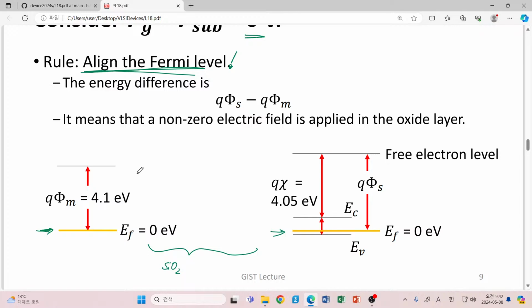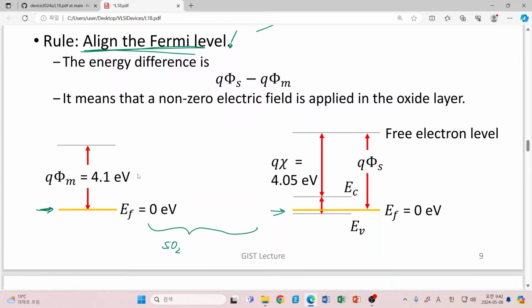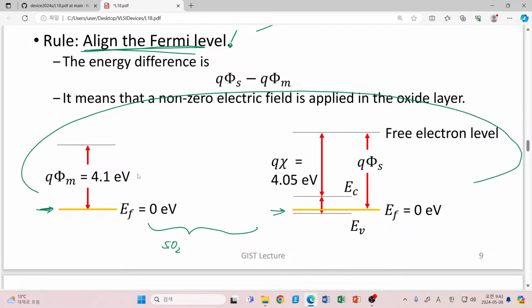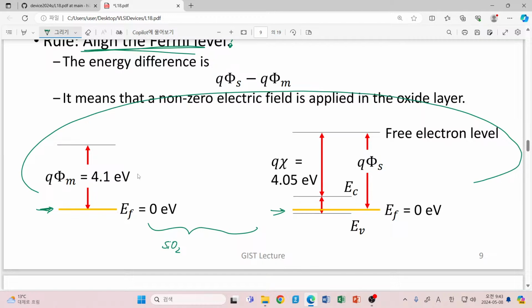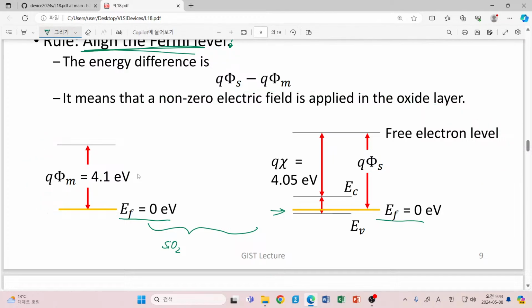But it is the same, because their potential or Fermi levels are shared by this ground level, not only through this intermediate oxide layer, but here we have another circuit connecting this gate and substrate, so their Fermi level is shared. So we must have the same Fermi level here and there, and these values are referred to as 0 electron volt. So are you with me?